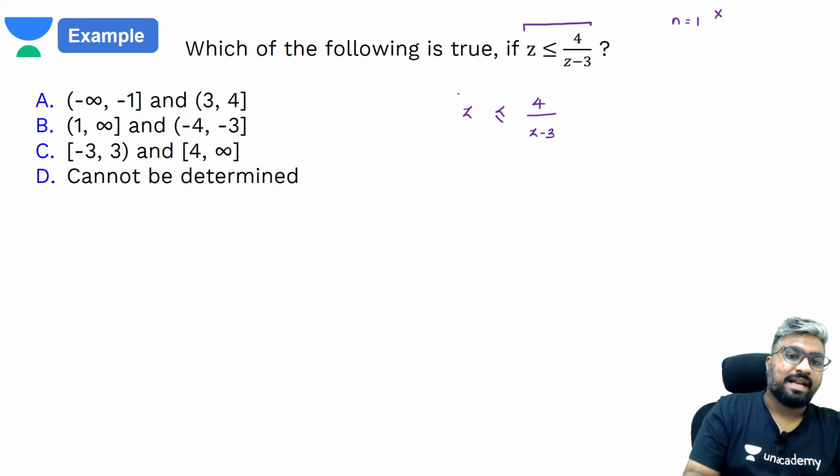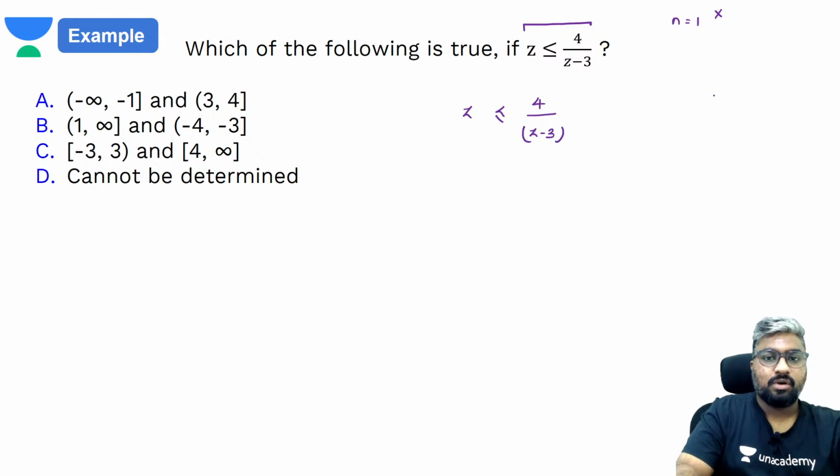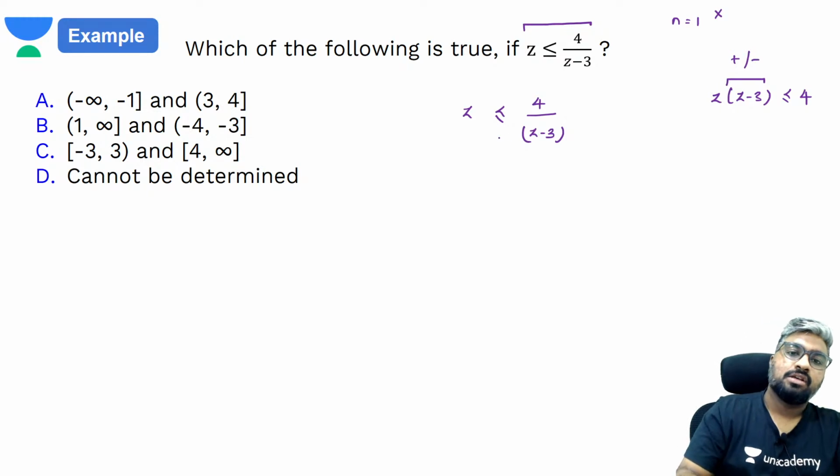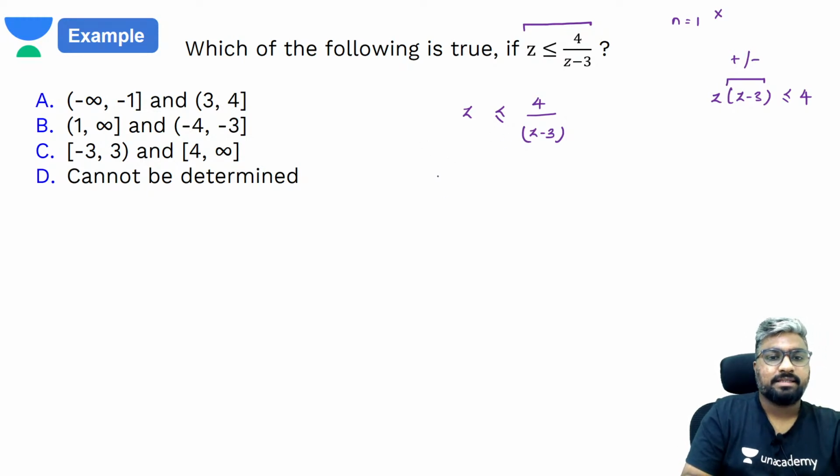Yes, subtracting 4 by z minus 3. You can't take z minus 3 to the other side and multiply. You can't multiply z into z minus 3 less than equal to 4. That will not be right. Why? Because you don't know if z minus 3 is positive or negative. Yes. So subtract 4 by z minus 3 on both sides.